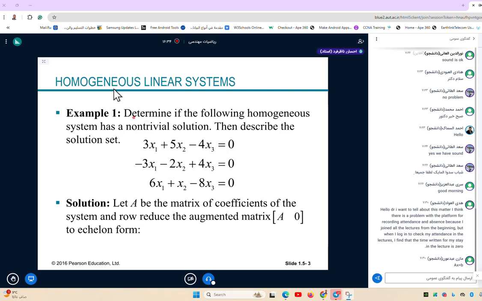For instance, this is an example. Determine if the following homogeneous system has a non-trivial solution. Again, if you remember the augmented matrix, we try to make the augmented matrix from this. So we have these coefficients and 0 at the right. So A is a matrix, and a vector 0 is in the last column.